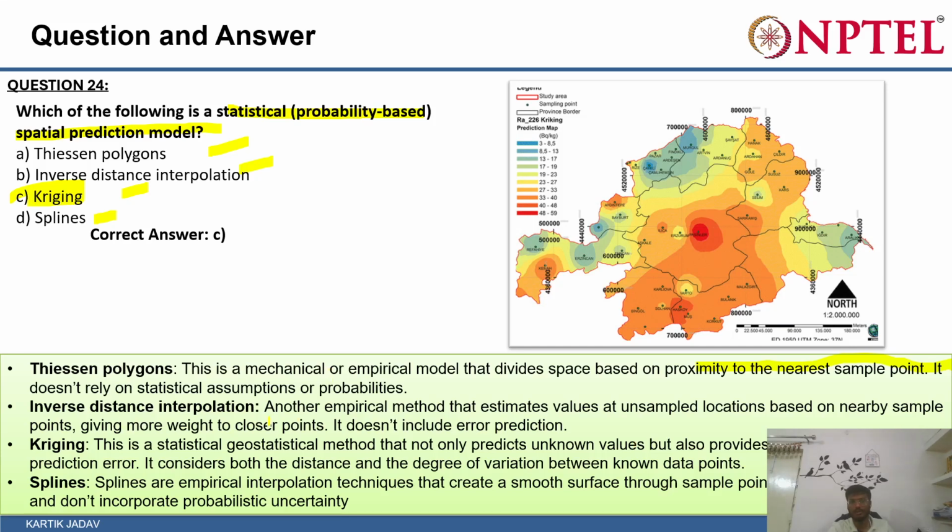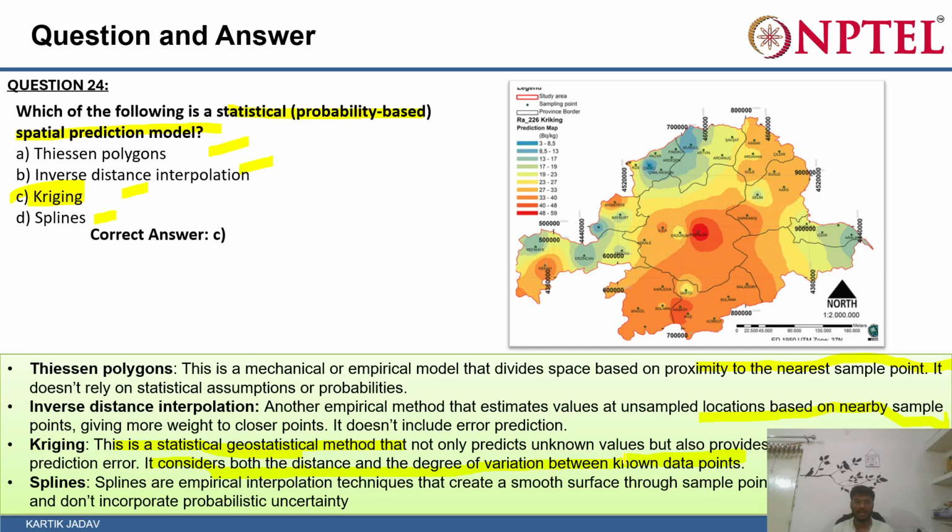While IDW is another empirical method that estimates values at unsampled locations based on nearby sample points, giving more weight to closer points and less weight to further, higher distance points. Well, kriging is the geostatistical method, and that does not only predict unknown values but also provides an estimate of prediction error, and it considers both distance and degree of variation between known data points.